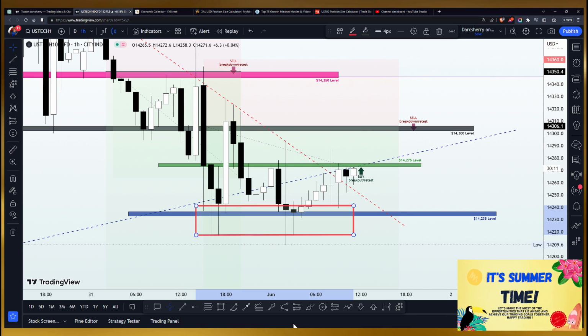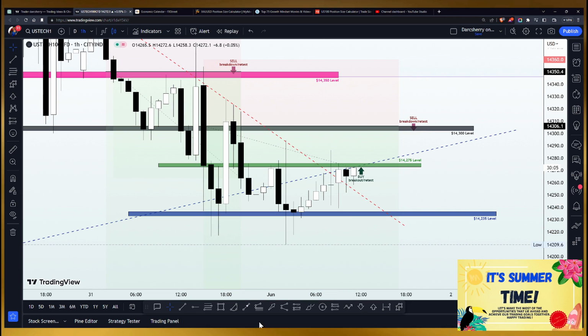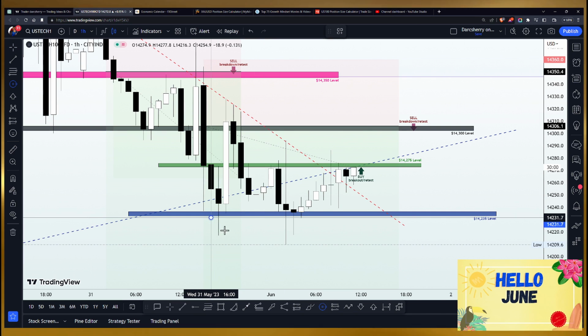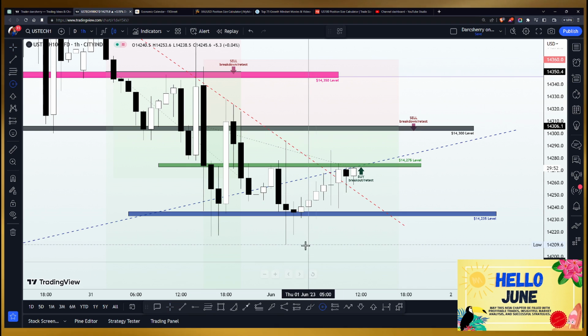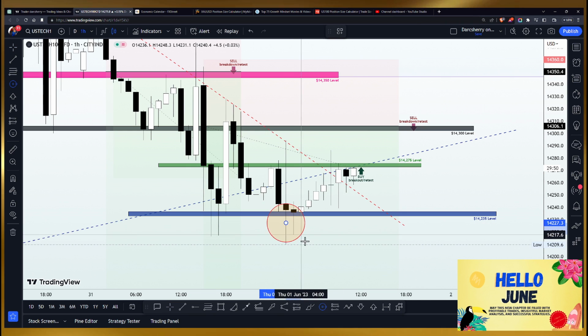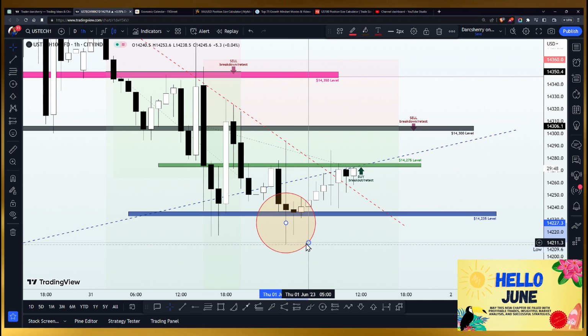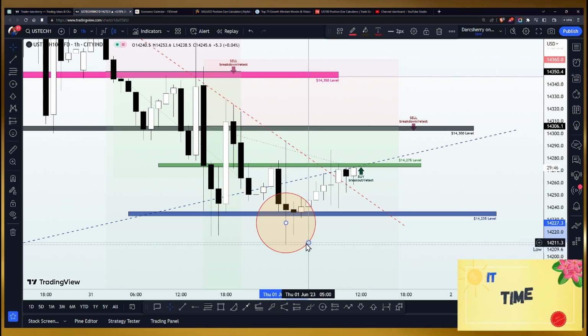And for me at this point, this might be a clear signal that buyers are gradually gaining some momentum. And if you look at the nature of these candles here, look at what happened during the later part of the New York session yesterday. All the 4 candles there are giving us a sharp rejection of that zone. And if we look at what happened during the early hours of today as well, we can see sharp rejections of that area. For me, this is a clear sign that buyers are gradually gaining some momentum here.